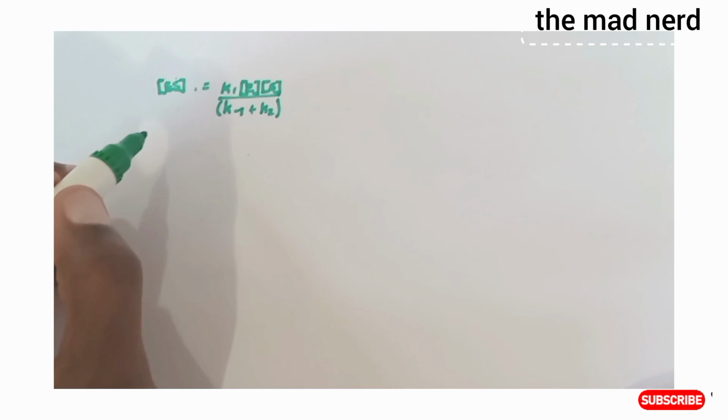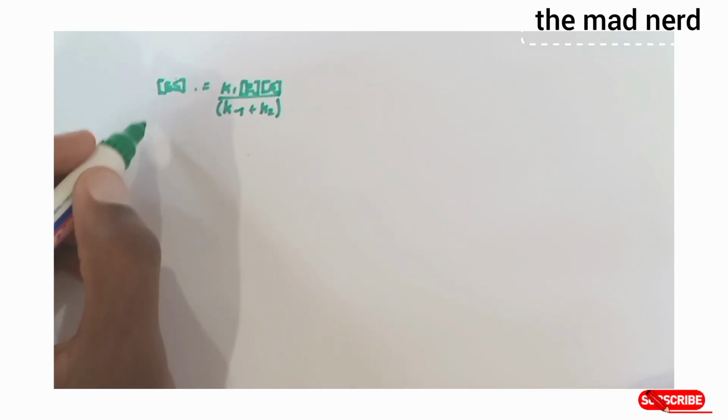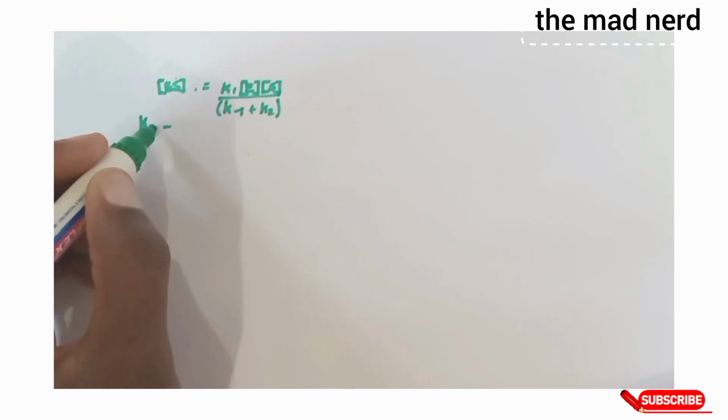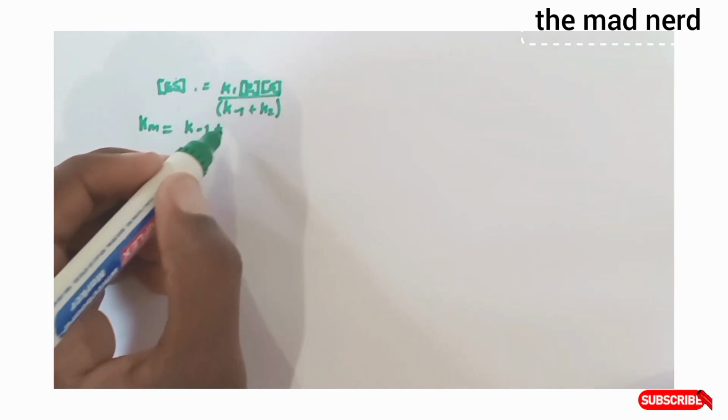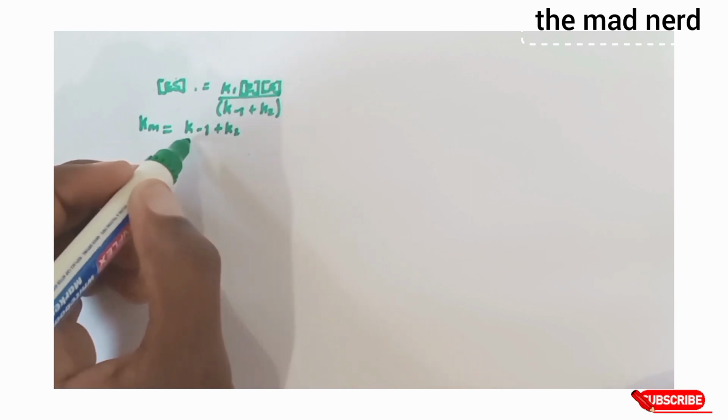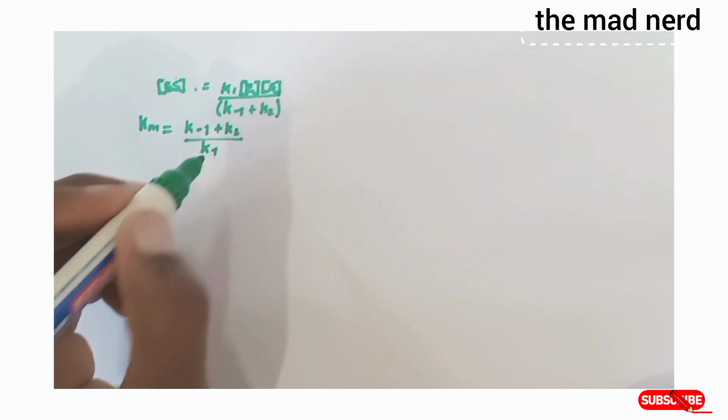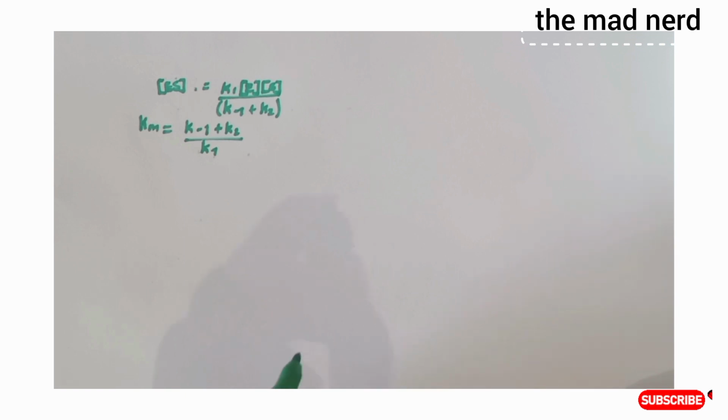And then now what you introduce over here is a Michaelis constant, that is a Km, that is equals to a K of -1 plus a K of 2, and then over a K of +1. So that is a Michaelis constant.